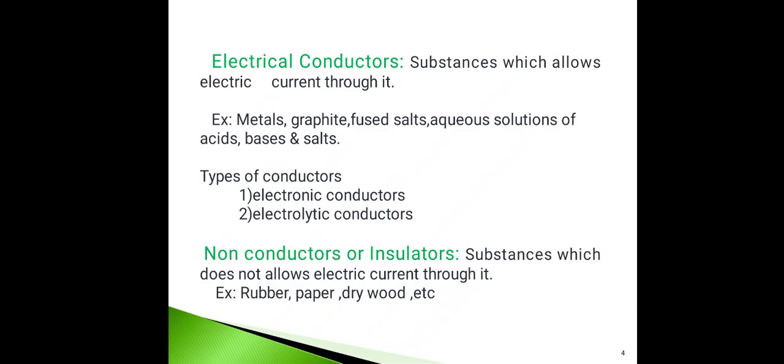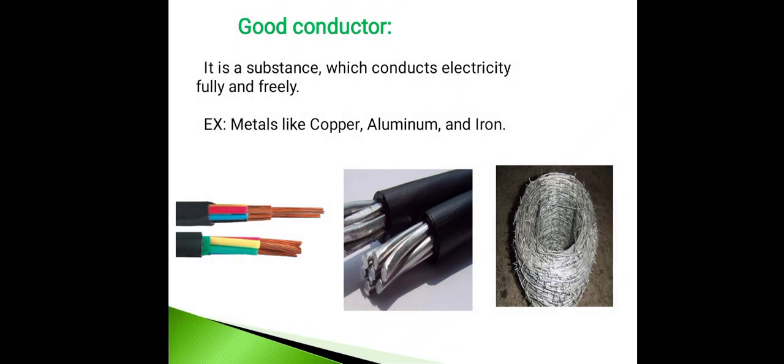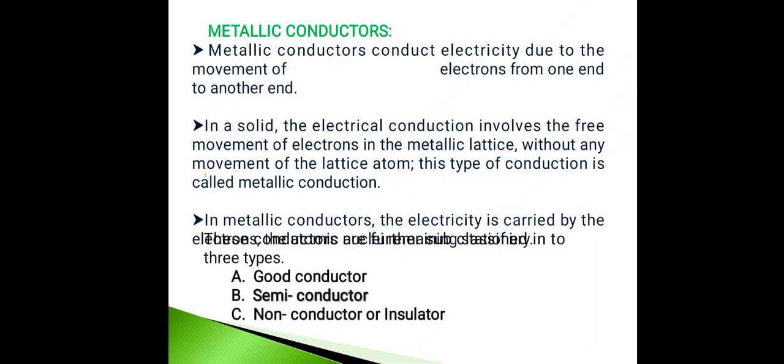For example, rubber, paper, dry wood, etc. And you see, insulators do not allow current to pass through them, so they are bad conductors of electricity, and even glass material is also considered an insulator.